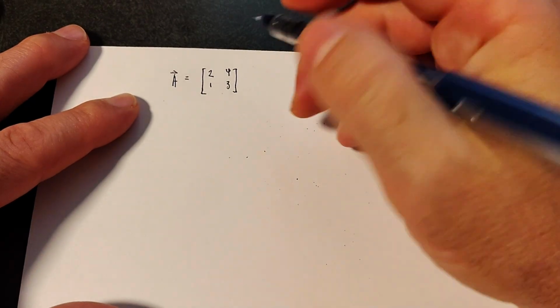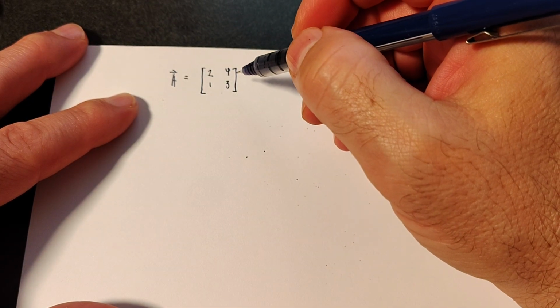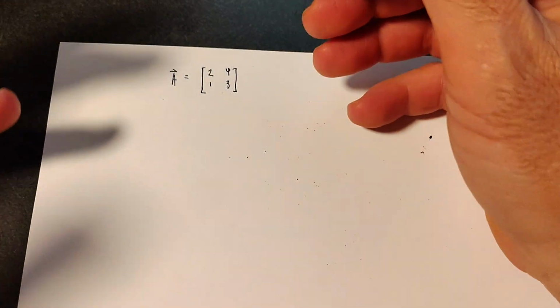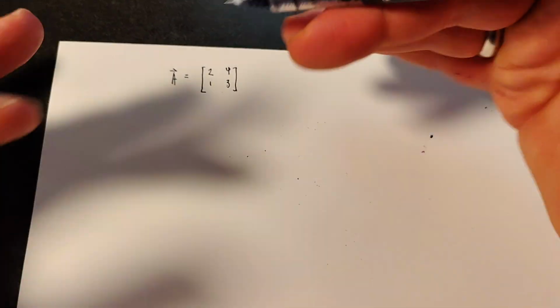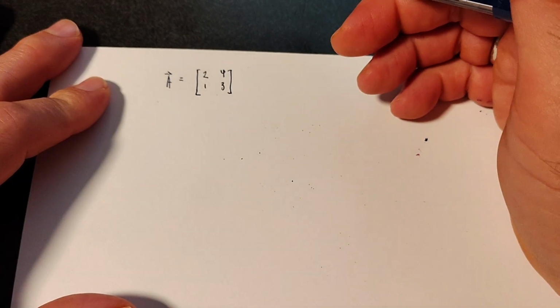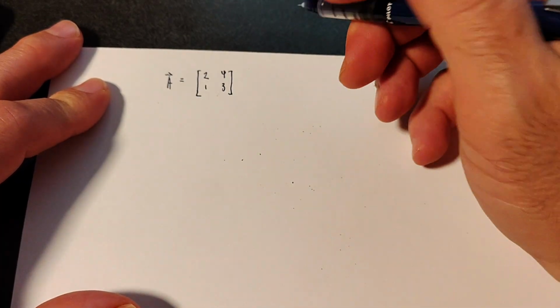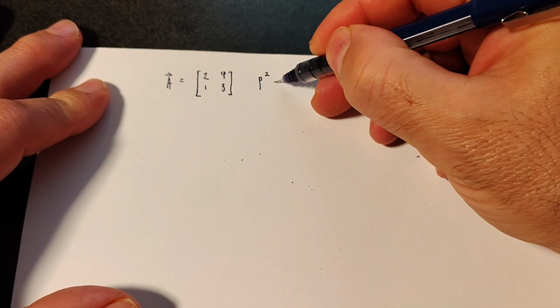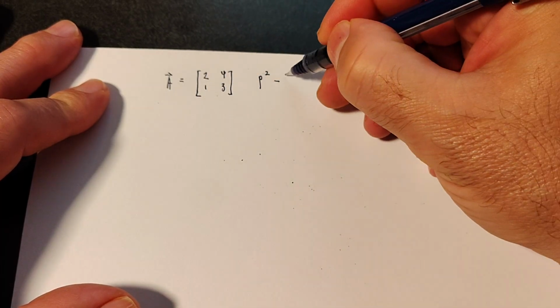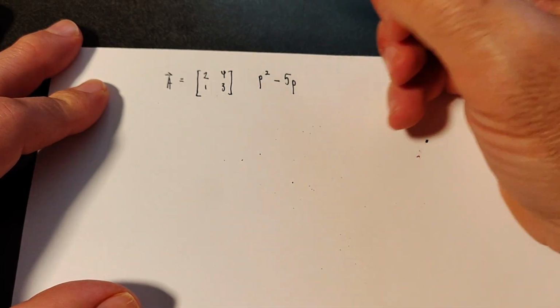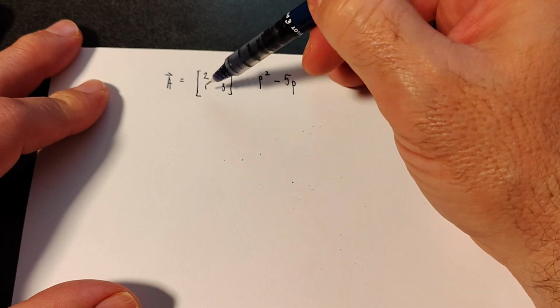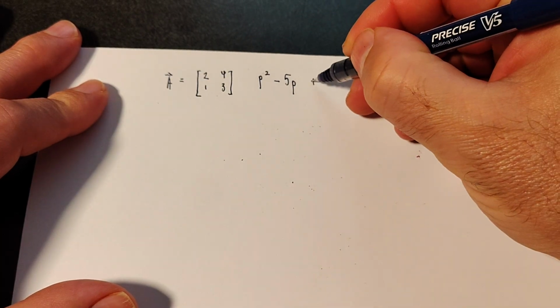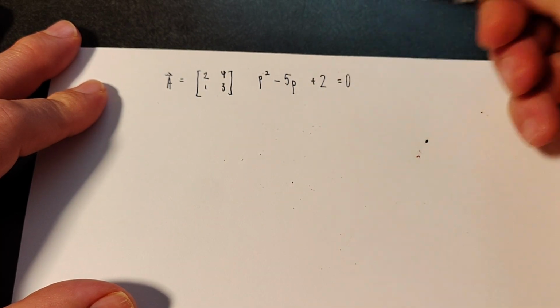Let's go ahead and plug our values for this into our formula. So here we're going to end up with rho squared minus, the trace is 5, so it's going to be 5 times rho. What's the determinant of this? 6 minus 4 is 2, and that's going to be equal to 0.